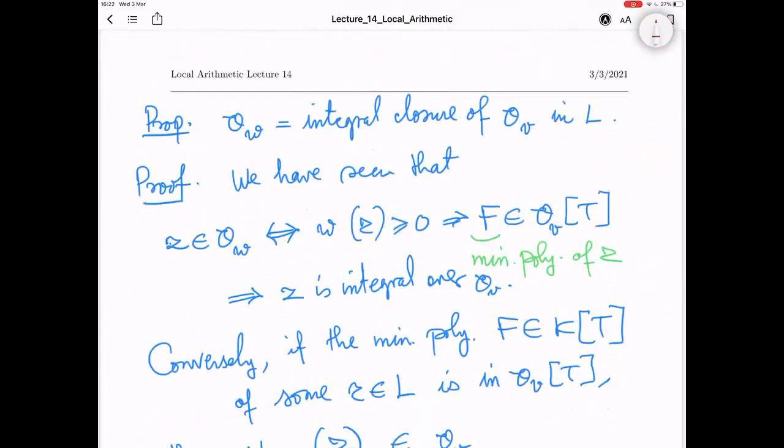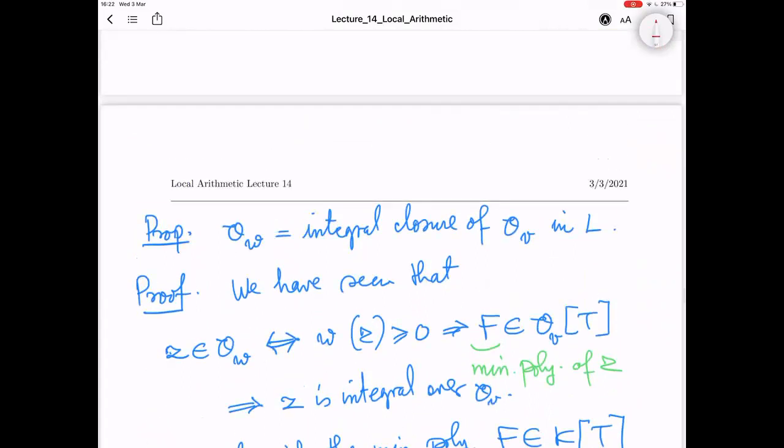Okay, so now what has happened? I have my field K, I have a valuation V on K, then I have this extension L, and I get a unique valuation W on L, of course, under the assumption that V is discrete and K is complete. Now it's easy to see that W is also discrete.